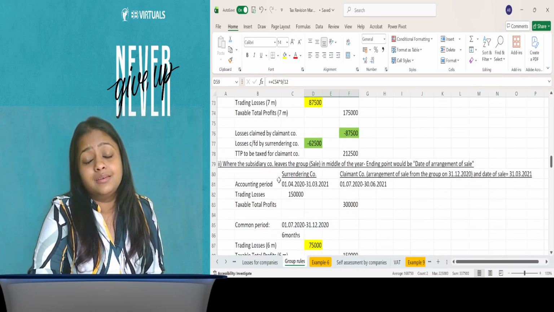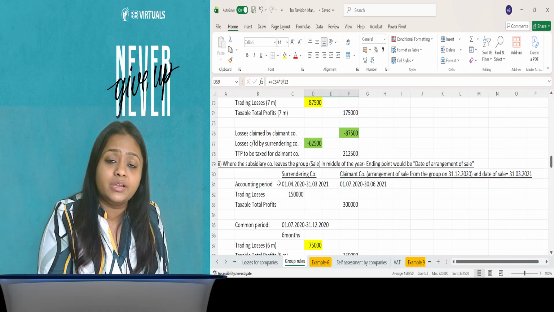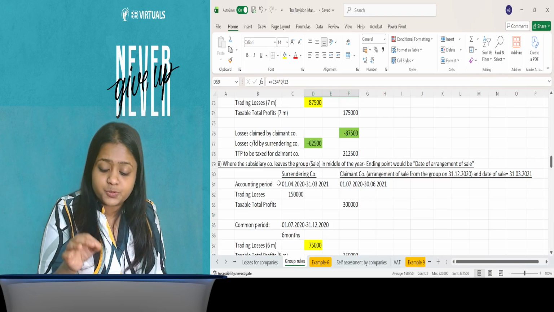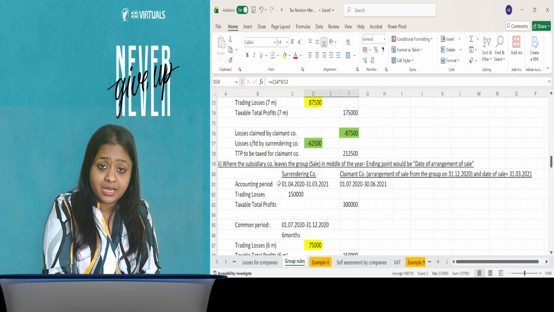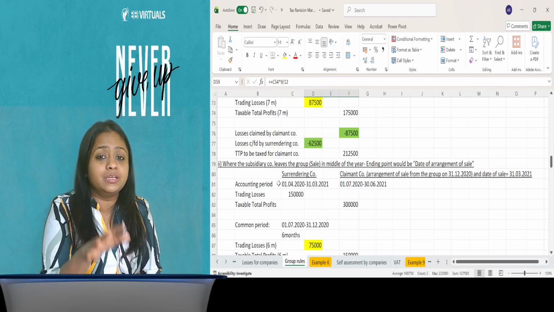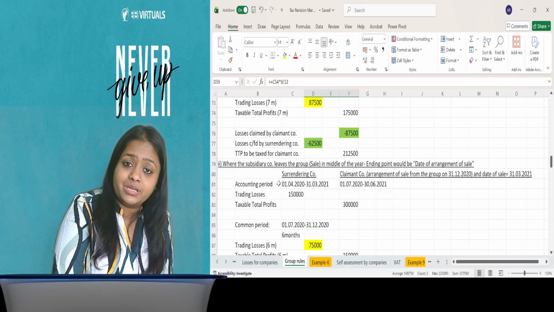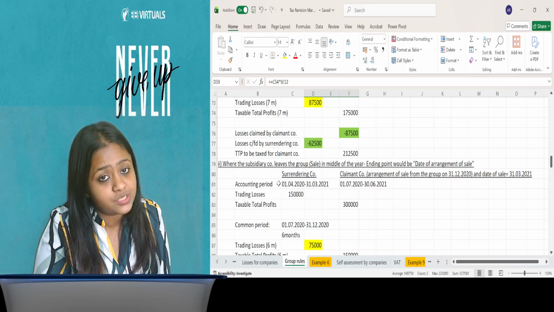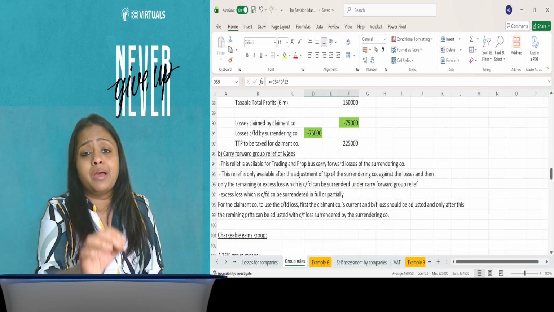Likewise, when a subsidiary is leaving the group, then you take the date of making the arrangements of sale, this is the term that we use. When the arrangements of sale have been done, that is very important rather than the date of actual sale. That you will not take. So you will take the common period from the start of CAP till the date of arrangements of sale. Clear? Now comes the next point, ma'am.